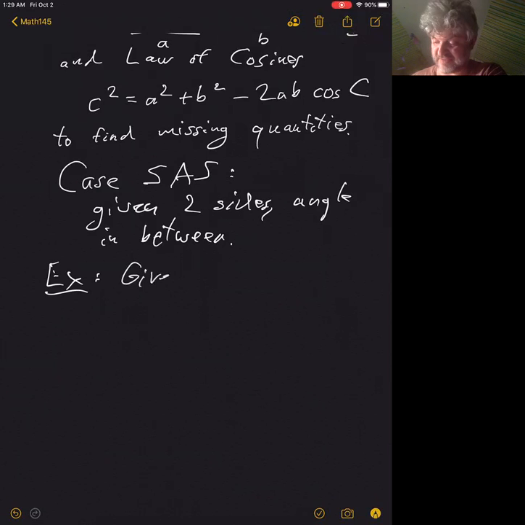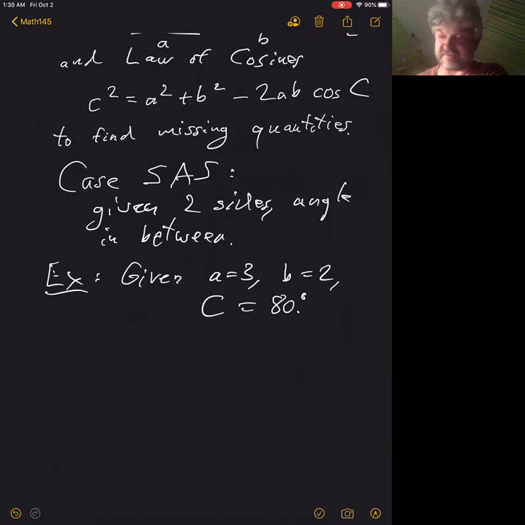So given a is 3, b is 2, that's two sides, and capital C is, let's say, 80 degrees.